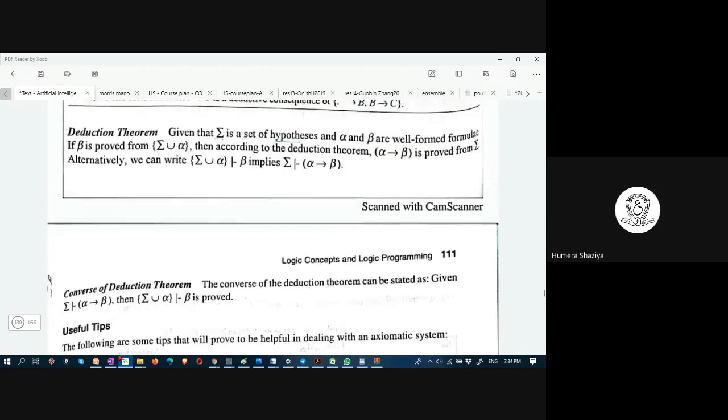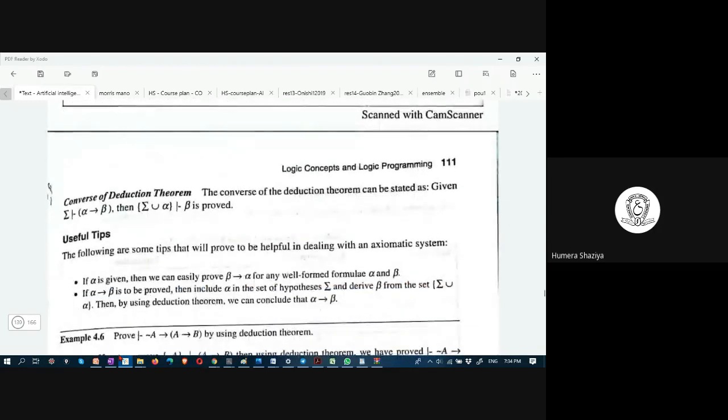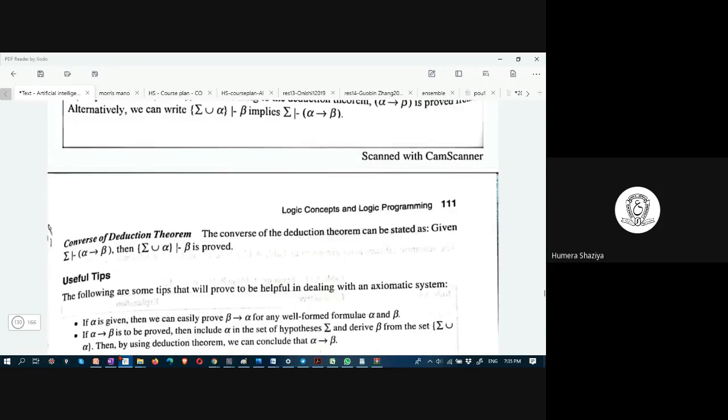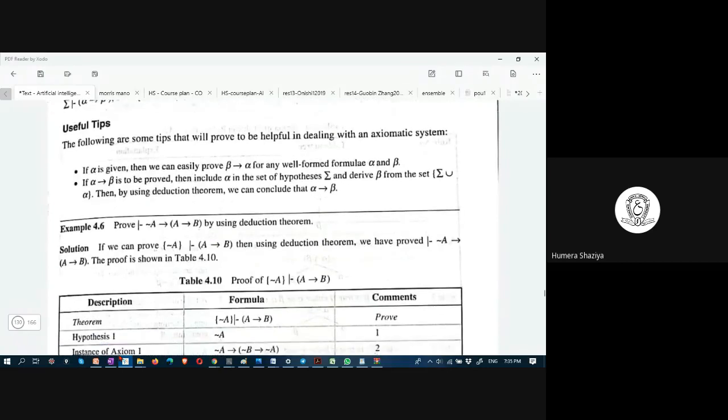That is known as the deduction theorem. What is the converse of the deduction theorem? It is stated as: given sigma derives alpha implies beta, then sigma union alpha derives beta is proved. Means, here and here you can observe. Here we say that this implies this, and here we say that this implies that.